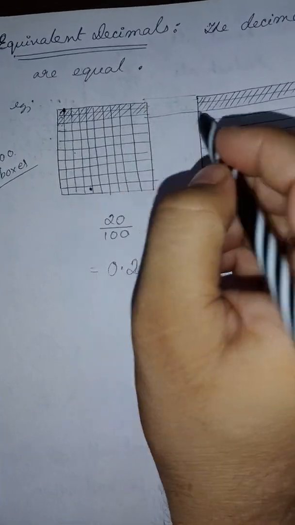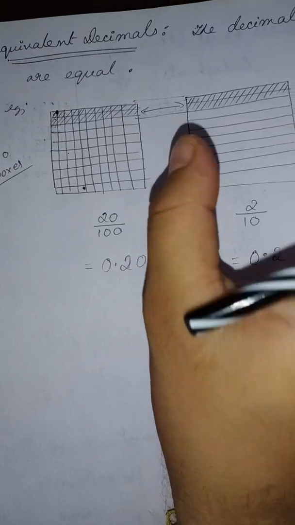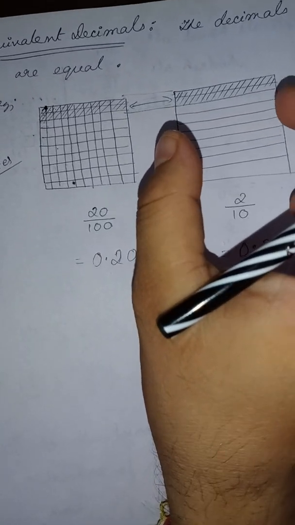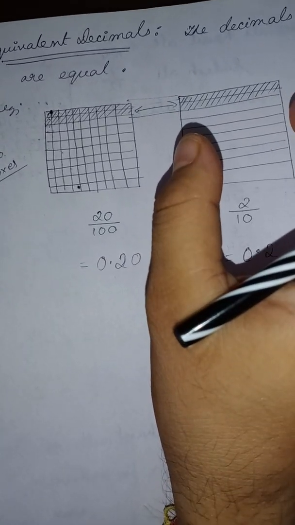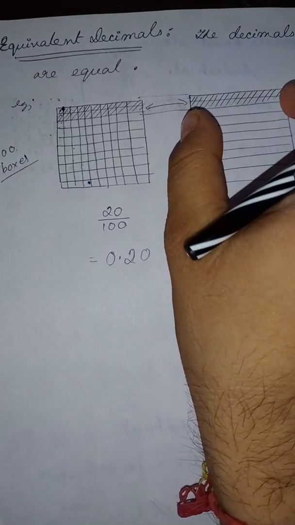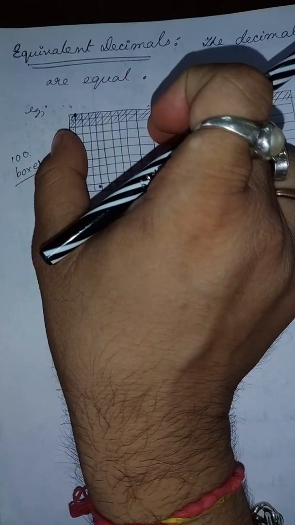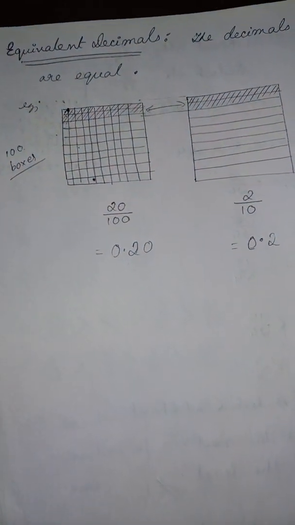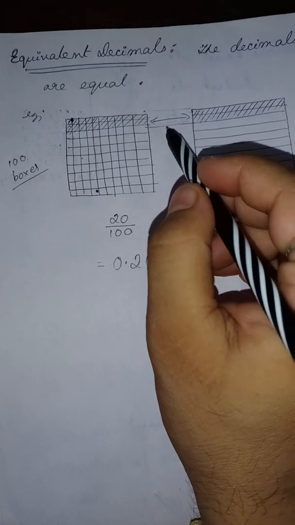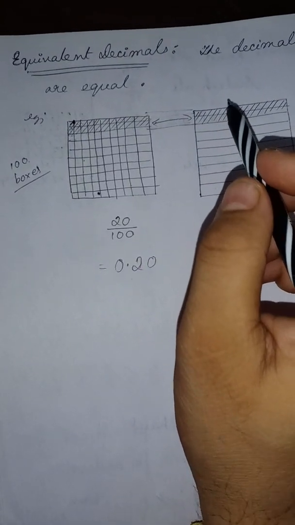So this and this represent the same proportion of the square that has been shaded, only shaded in a different way. Here I have divided this much part as 2 bars, and the same thing has been divided here into 20 boxes. That is the only difference.